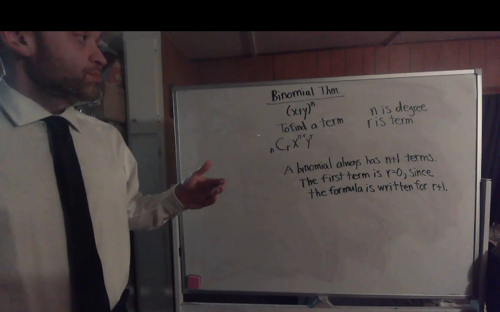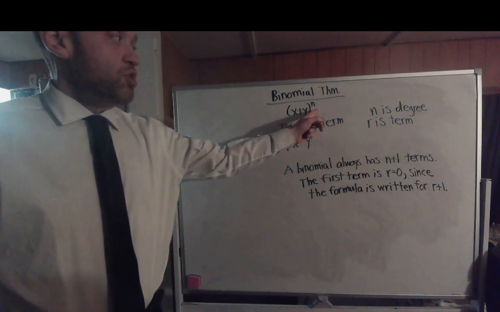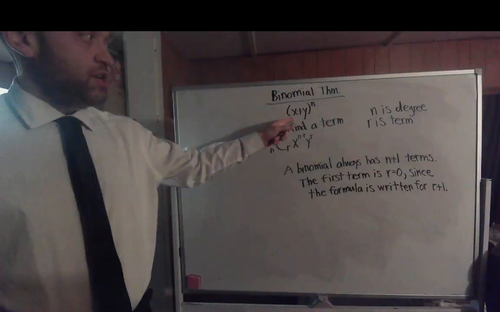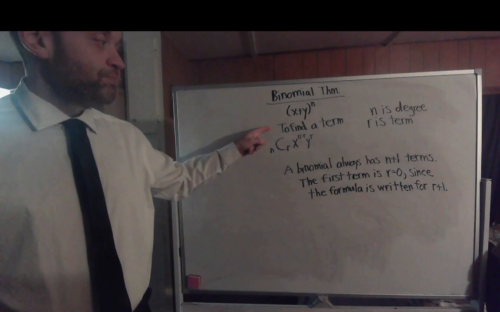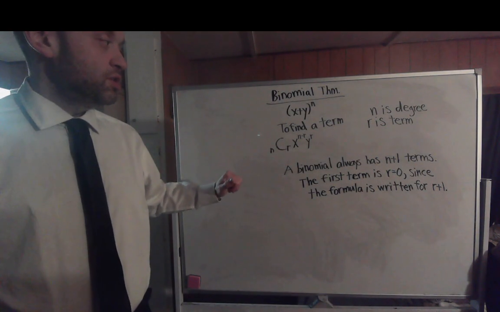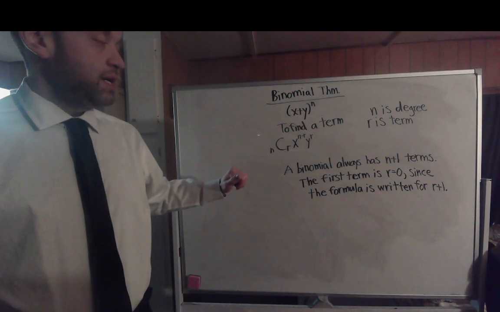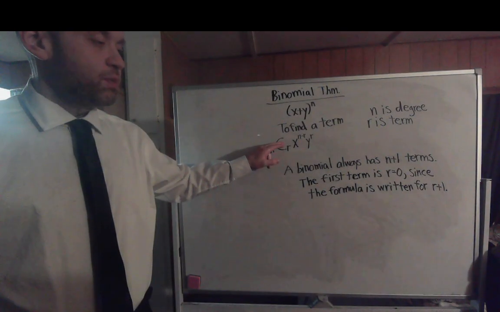The n is the degree of the binomial, of course, to which you're expanding. Then you have your two terms. To find any particular term of a binomial, it's going to start with the coefficient.